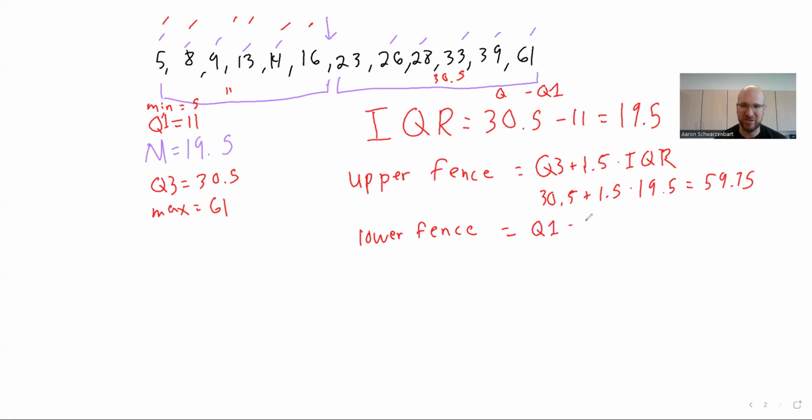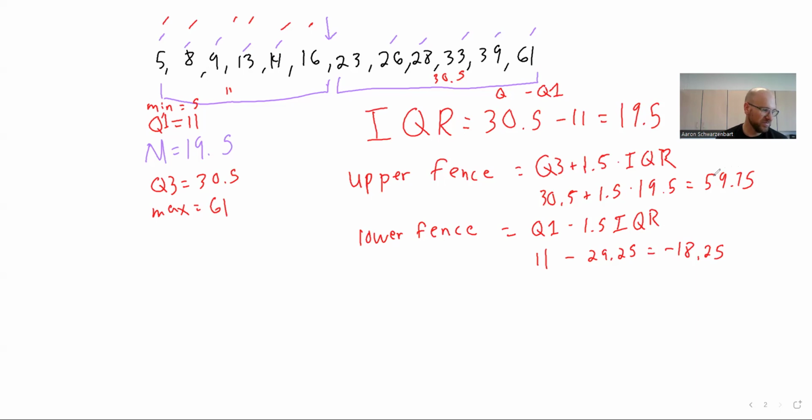So I'm subtracting 1.5 IQR, which is 29.25. So 11 minus 29.25 is negative 18.25. This is not a meaningful fence. You cannot hit negative home runs. If it were possible, I would, but I can't hit negative home runs.